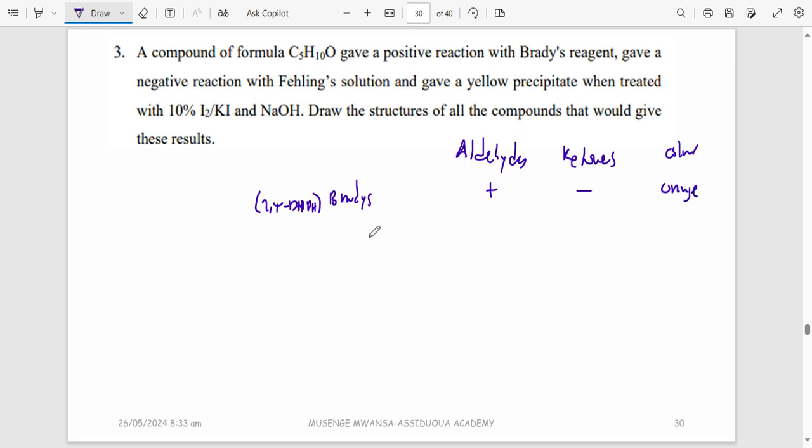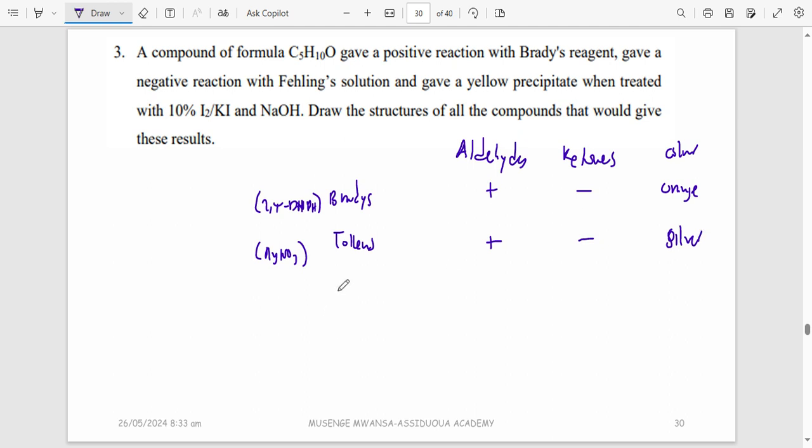The next one is the Tollens test. What do we use? We use silver nitrate mixed with some sodium hydroxide. This one is positive for aldehydes, negative for ketones. It's going to give us a silver mirror.